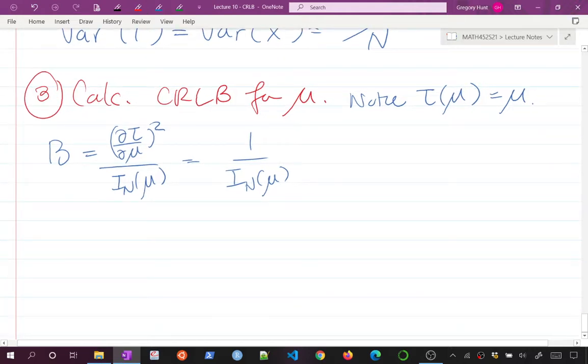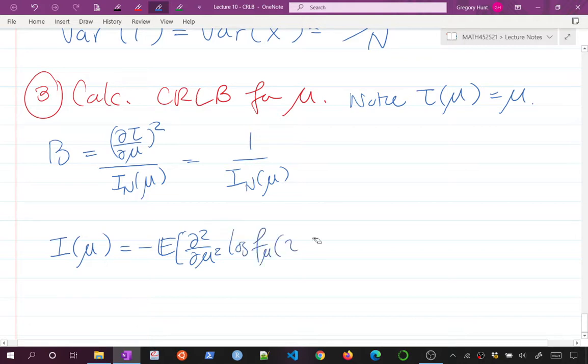So let's get our information. I_n of mu is, well, let's first say this. We want the information just for one sample because we'll just multiply by n. It's the negative expected value of the second derivative with respect to mu of log f of x given mu.